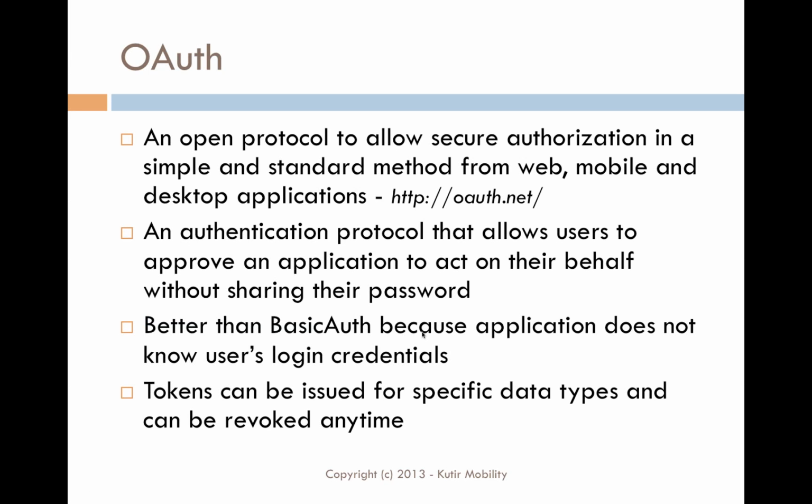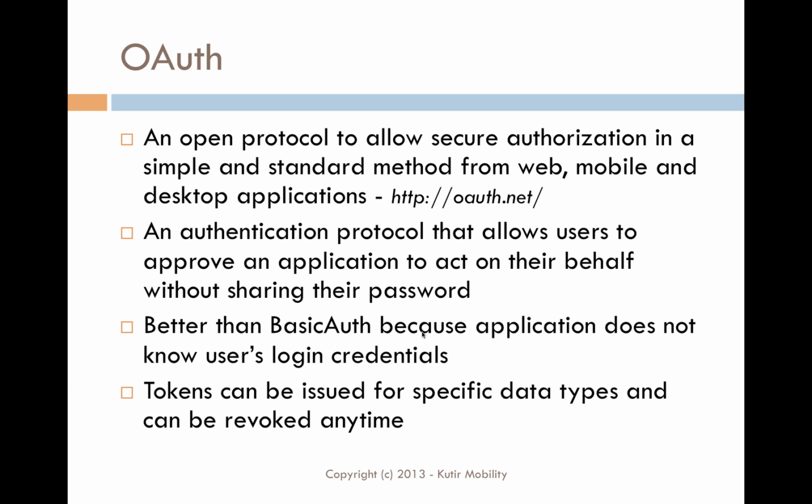So OAuth is basically a protocol that allows a third-party application to access some of the data from an application that you have access to. So I have an account on GitHub. I want my mobile application, which is a third-party application, to be able to access my GitHub information so that the mobile application can show my GitHub information.